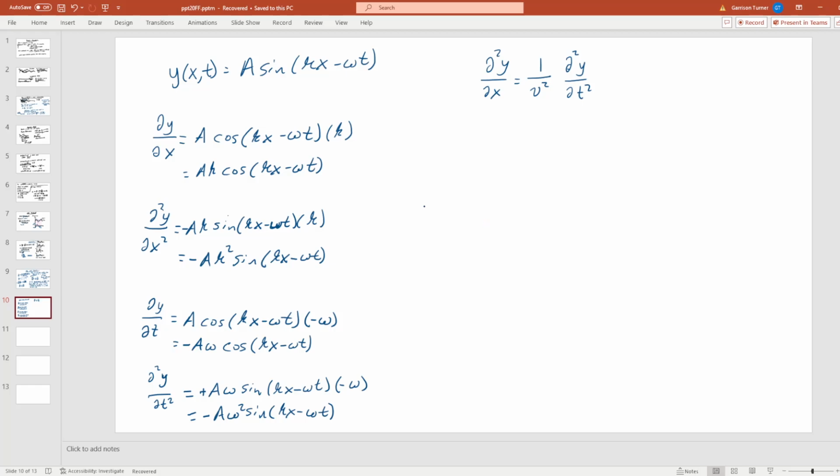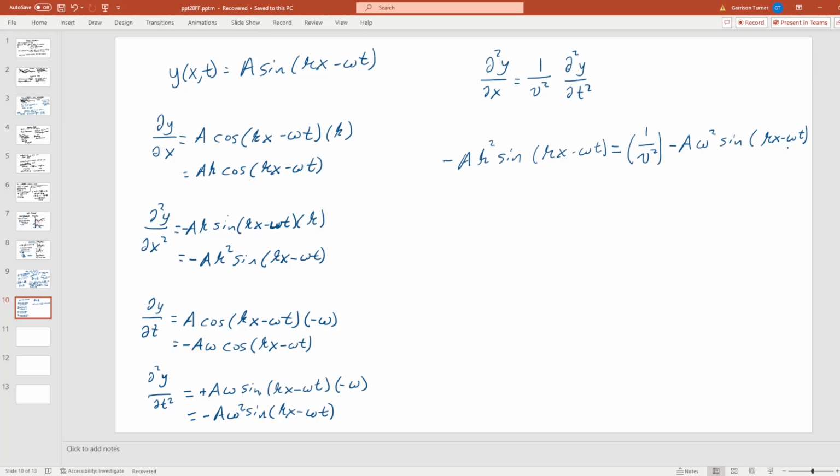So now we look at these and ask ourselves: negative a k squared times sine of kx minus omega t is equal to 1 over v squared times negative a omega squared sine of kx minus omega t.